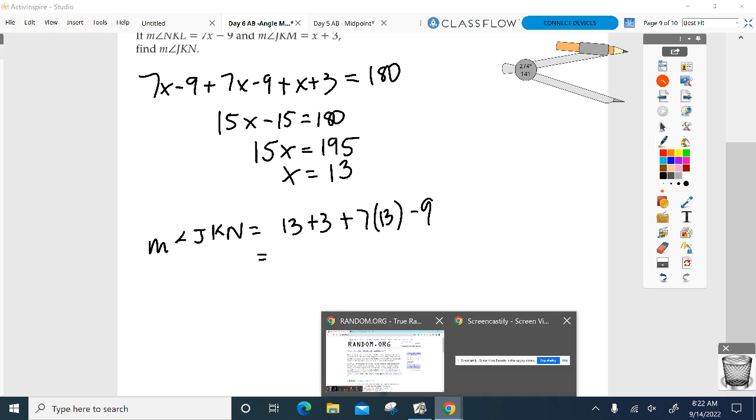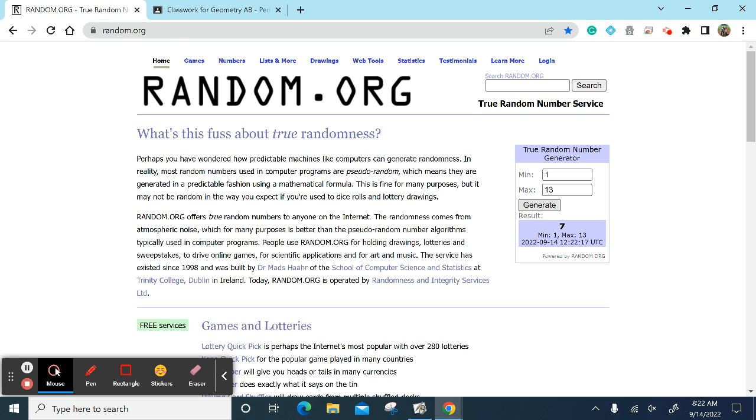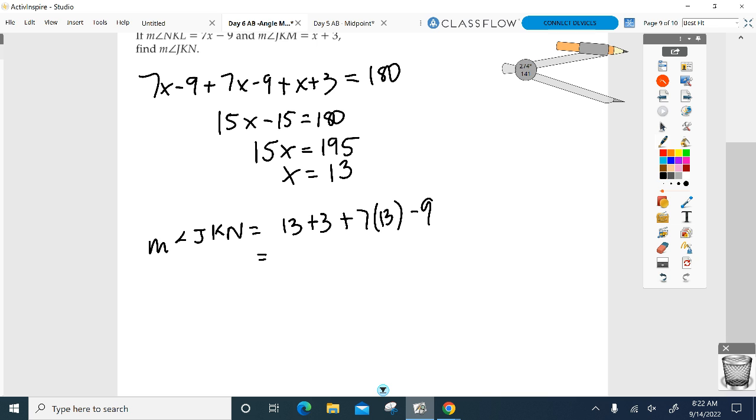And what are we getting for this angle? 98 degrees. 98. How's that sound, everyone? What type of angle is this? Obtuse. Yeah, above 90. It's not a right angle.